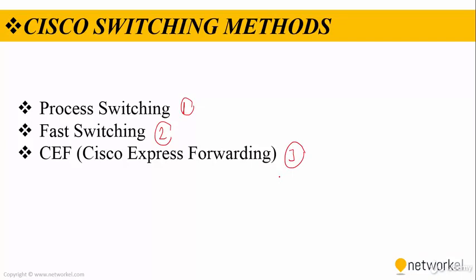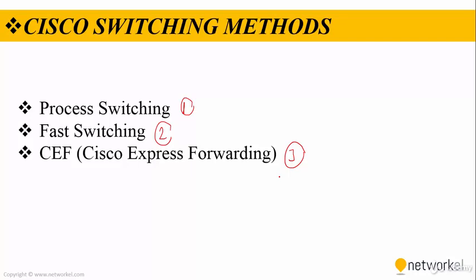Process switching is the slowest form of transmission because the processor makes forwarding decisions by software. Fast switching is a faster method by which the first packet in a flow is routed and rewritten by the route processor using software, and each subsequent packet is then handled by the hardware.